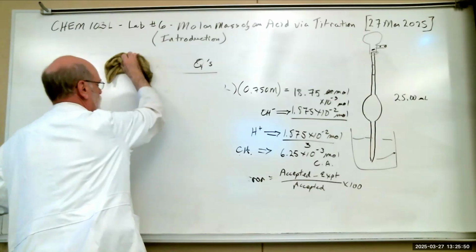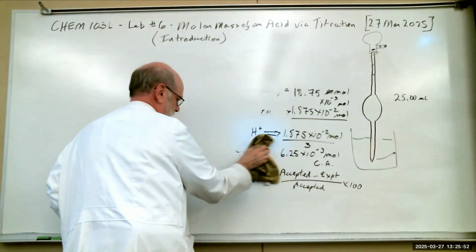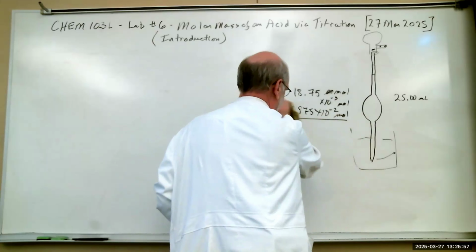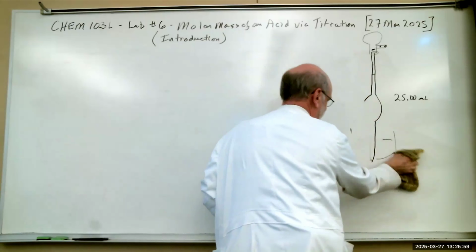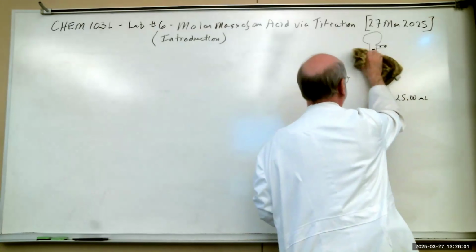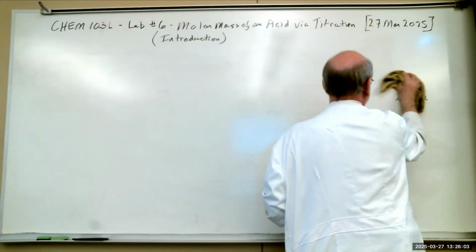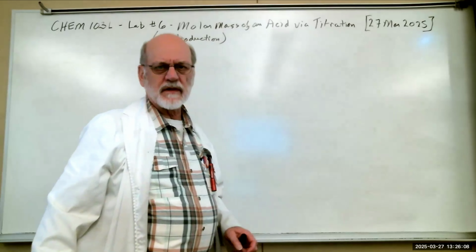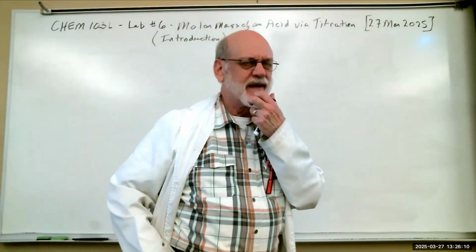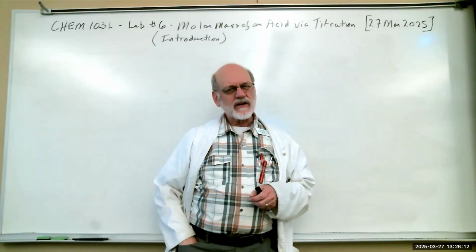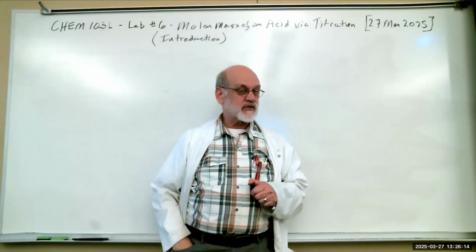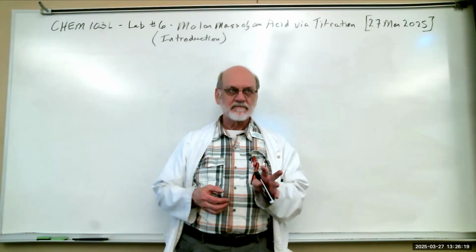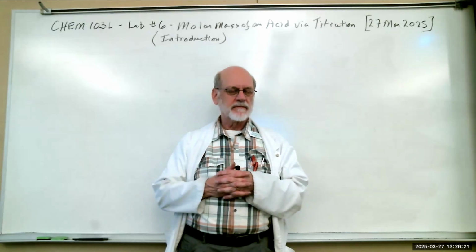How about safety concerns? Should you be concerned with the base or the acid? They're not particularly high concentration, but if you get any on your hand, you got a cut, you're going to find it. So you wear gloves.